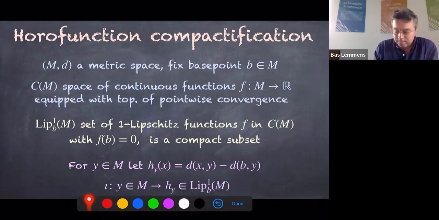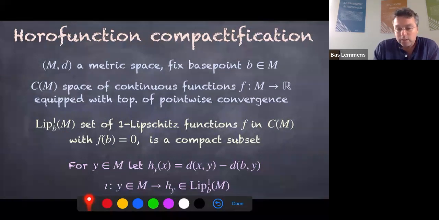And actually, this is a compact subset of this topological vector space. There are many ways to see this, but it's a basic consequence of Tychonoff's theorem. It should also be said that the topology of pointwise convergence on this set of Lipschitz 1 functions is the same as the topology of uniform convergence on compact sets.